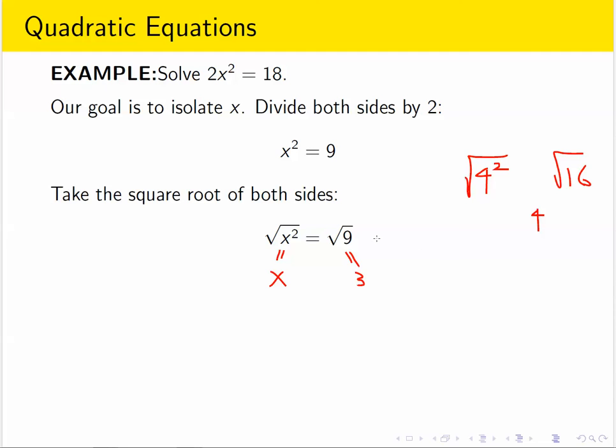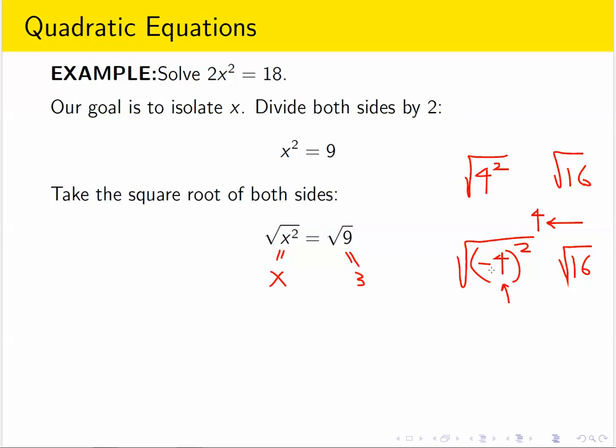But what if x is negative 4? What happens if you square negative 4? A negative times a negative gives you a positive. So negative 4 squared is also 16. And if I take the square root of that, the square root of 16 is still 4, even though I started with negative 4.